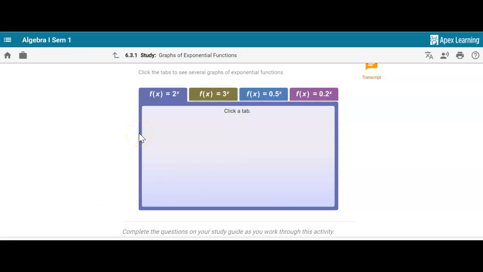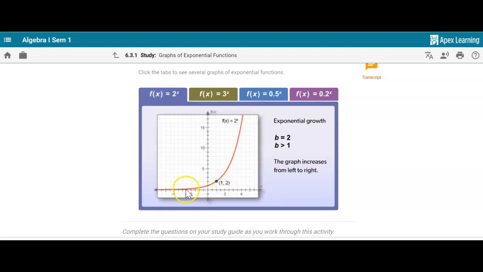Sorry. So when we look at this, if my base is bigger than 1, we know it's going to increase from left to right. This is the graph of y equals 2 to the x power. Notice the x-axis acts as a horizontal asymptote. If I look at 3 to the x, is that increasing or decreasing?